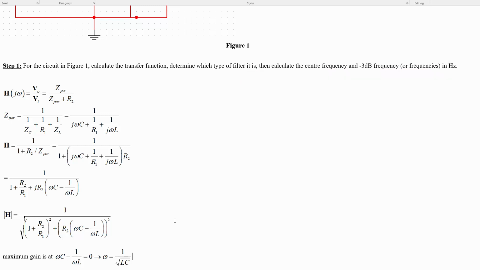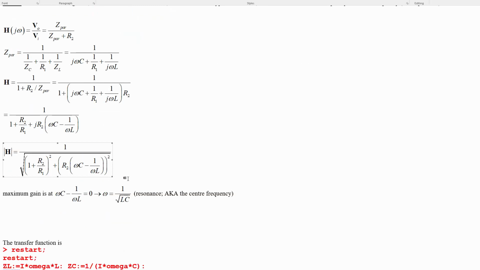So that's the solution to that. This is called resonance, aka the center frequency. And the reason for this being the center frequency is that this gain magnitude actually goes to 0 at either DC, really low frequencies, or really high frequencies.